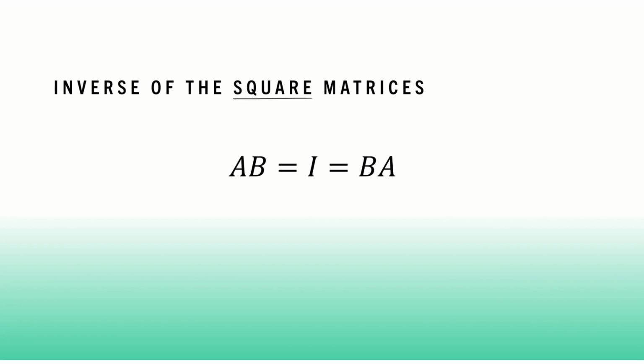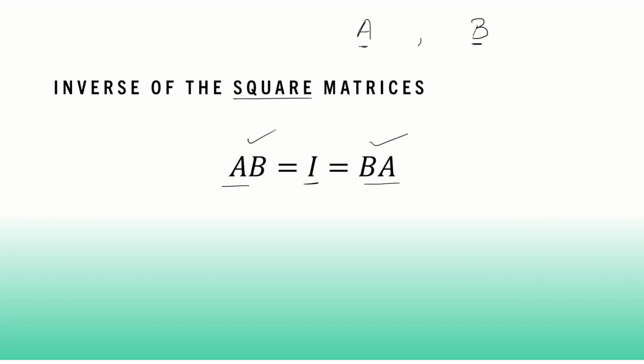Inverse of square matrices. Suppose I have a matrix A of order n, that is a square matrix, then a matrix B of the same order will be called the inverse of A if they satisfy this property. One thing is about commutativity. Another thing is that when they are multiplied together, they give the identity matrix.